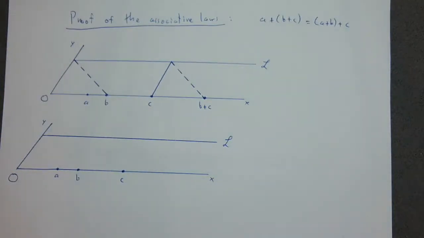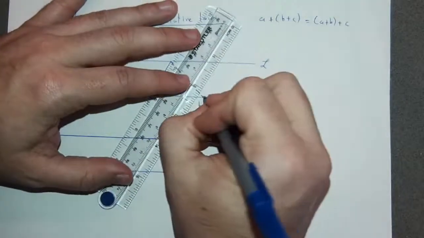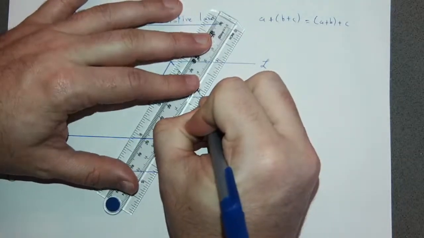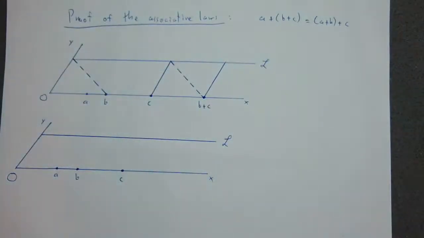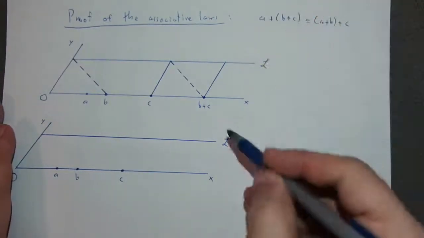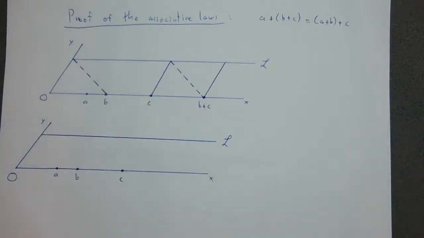Okay. So now I need to construct A plus B plus C. So how do I do that? Well, now I need another parallel line from B plus C to some point on L. But of course, I don't draw in the same dashed line because that would be B plus C. I need another line from A to this intersection point. So I'll use a red solid line here.